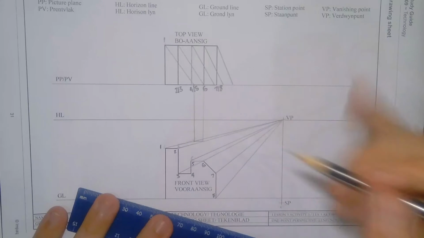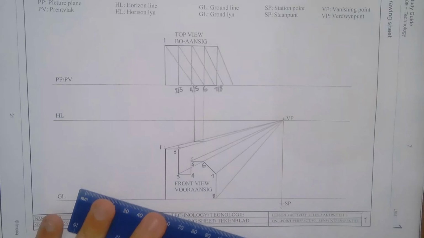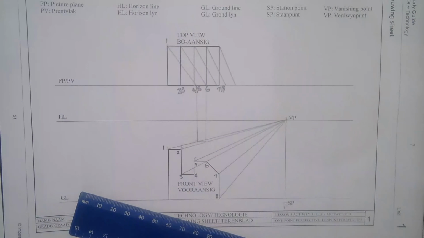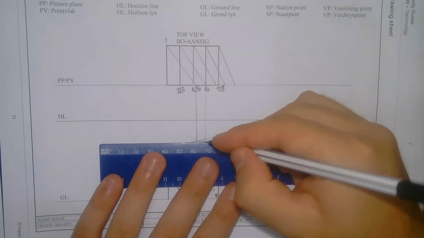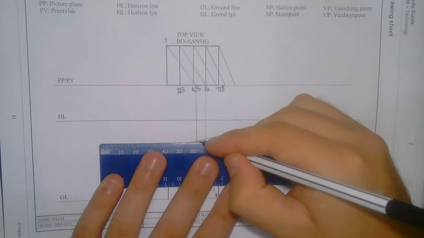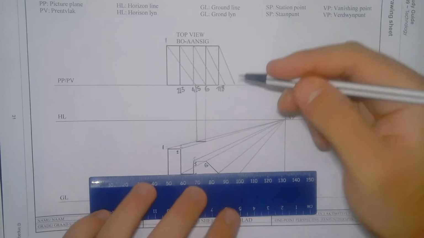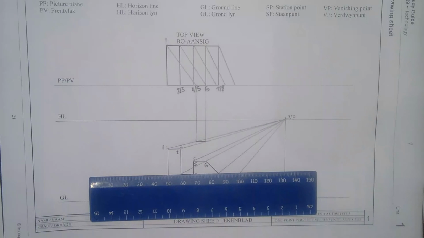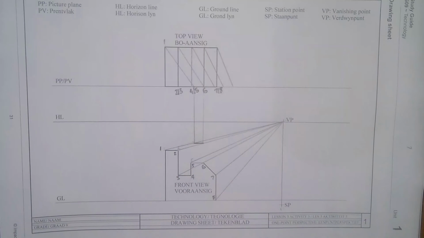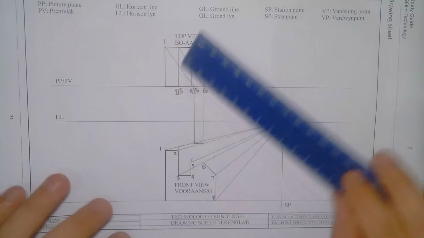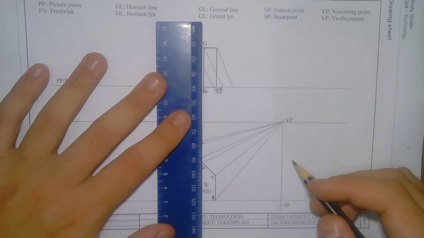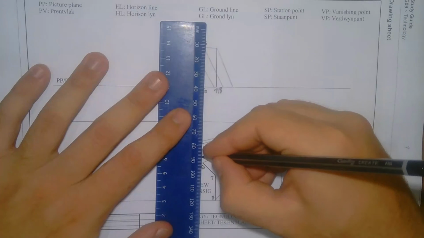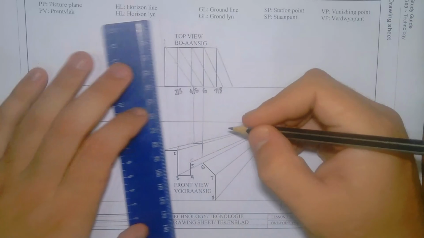Okay, so 1 and 2 connect over there. Okay, now 3 and 2 on the same line, so 3 can just be taken straight down with that line as well. Obviously stops there.